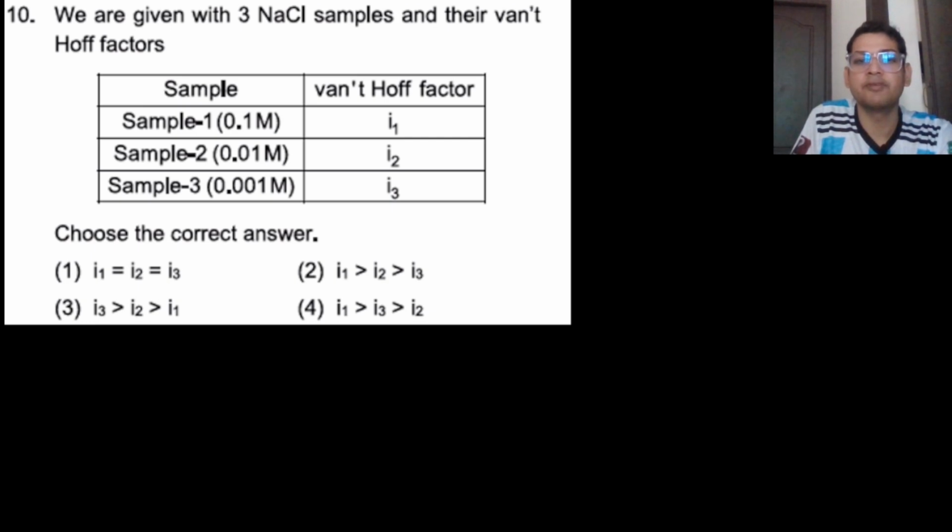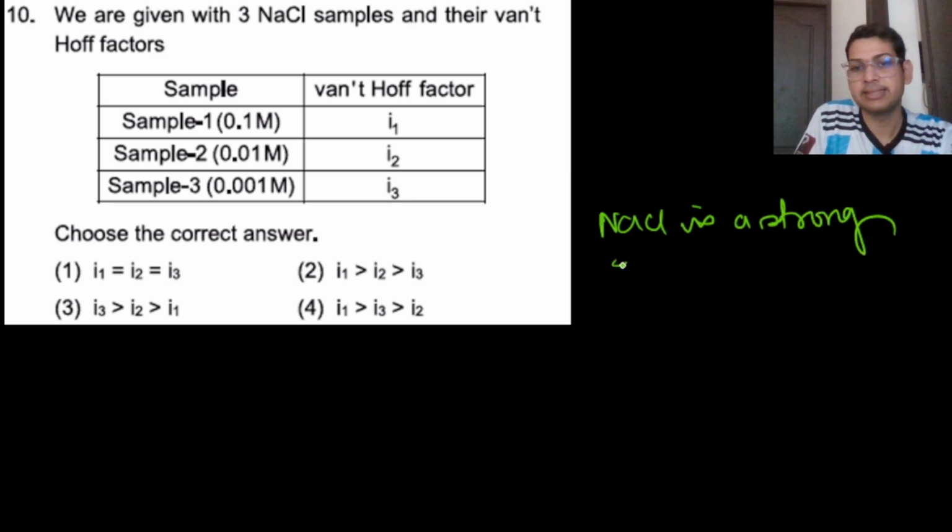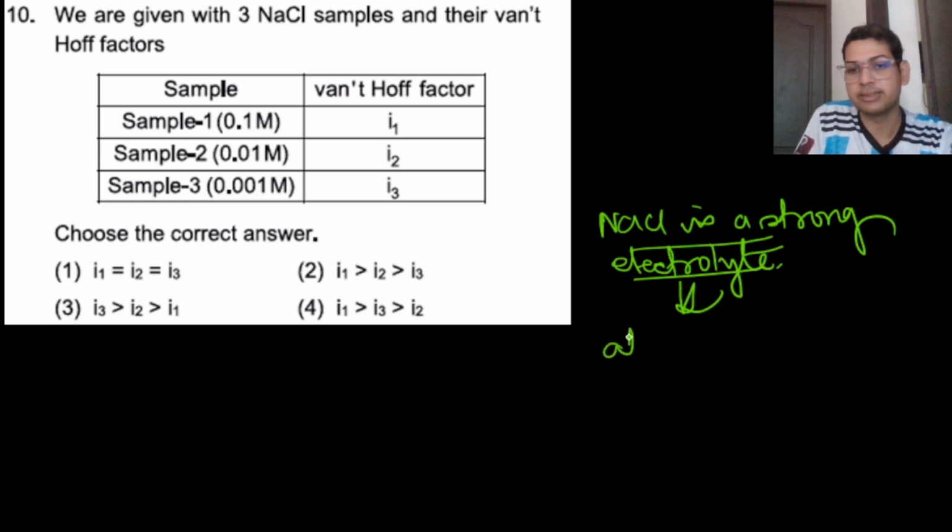Okay, we are given 3 NaCl samples and their Van 't Hoff factors. Okay, so NaCl is a strong electrolyte, right? For strong electrolyte it is always 100% dissociated.